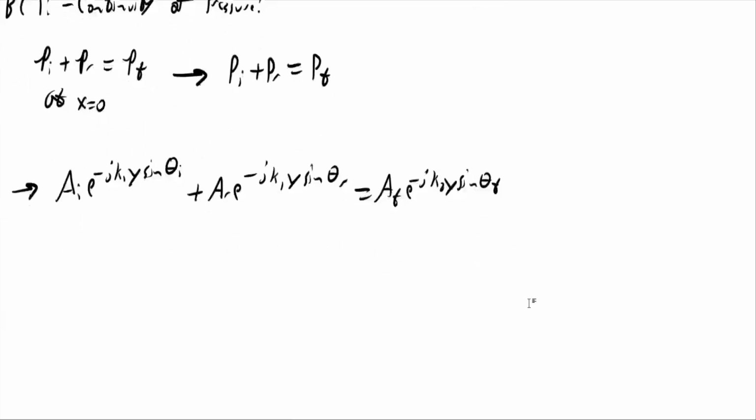Okay. So it turns out that this relation must hold everywhere along the interface for an arbitrary value of y. In other words, the wavelength along the y-axis is the same for each of the components.